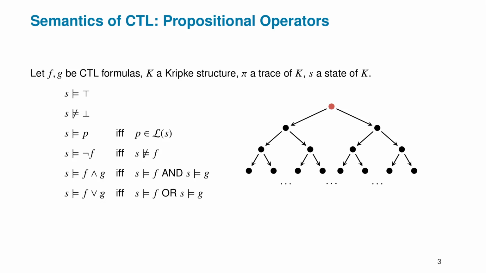Then F or G holds in S if and only if F holds in S, or G holds in S. So this is like the disjunction, conjunction, negation in propositional logic, and the basic assignment with respect to which we evaluate the formula is given by the labels of state S. And in the same way we can also define the semantics of other connectives like implication, equivalence, XOR, and so on. That's basically the semantics of propositional operators.